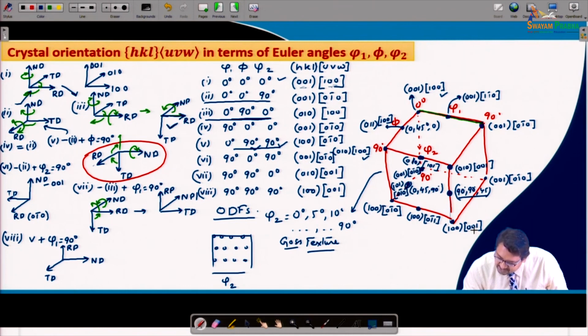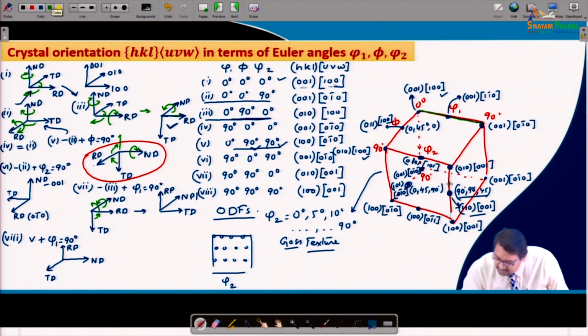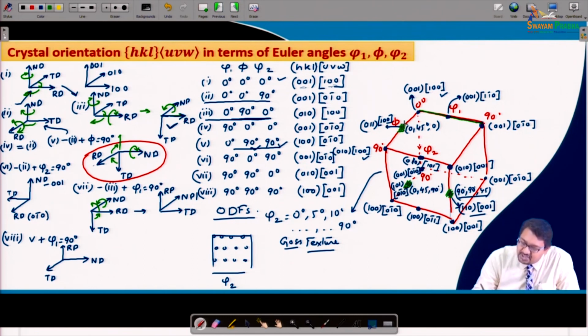Now, you can see that this texture, if you add the rolling plane direction, that is ND, it becomes 1 1 0 HKL and 0 0 1 UVW. So, one can observe various kinds of texture, and in this case we have shown the example of the Goss texture component that can be observed from the trace of the HKL plane with respect to the Euler angles.